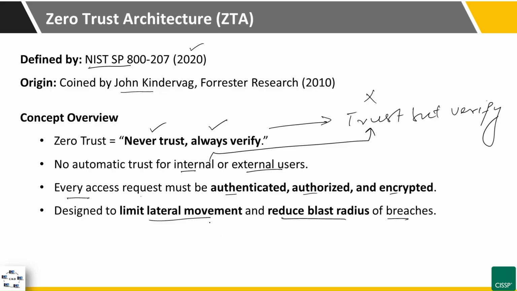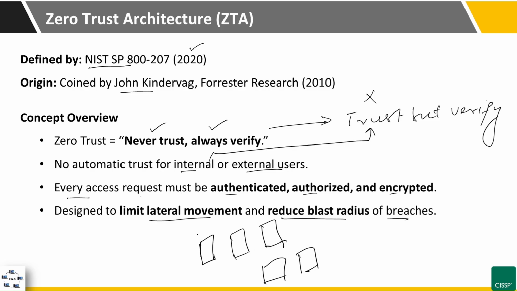What does this mean? Let's suppose one of your systems is compromised, say an application server, and then you have another application server and a database server.